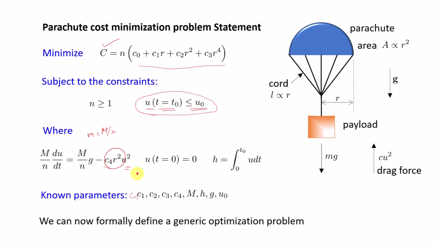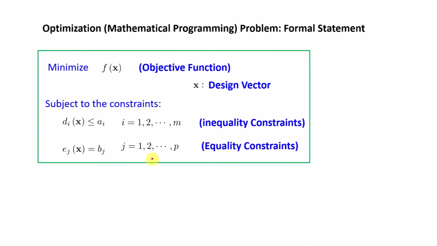But then we will now define a generic optimization problem. In an optimization problem, we try to minimize some function of x, and this function we are trying to minimize is called the objective function, which in the case of our example is the cost of the parachute.